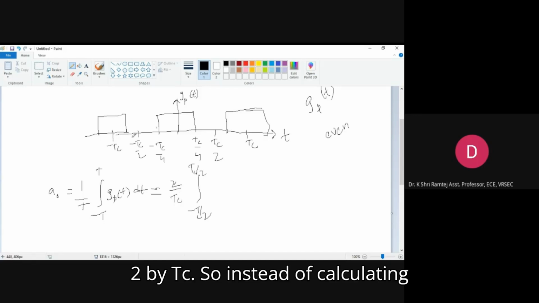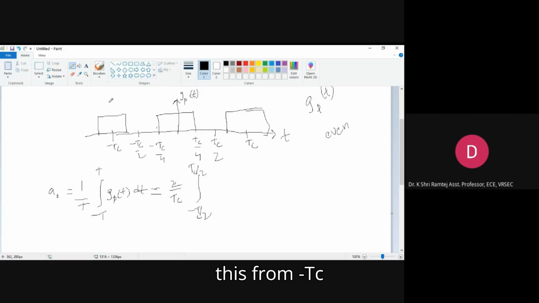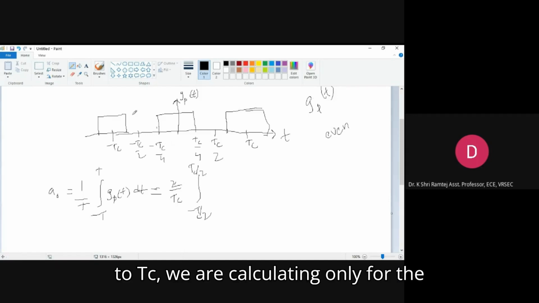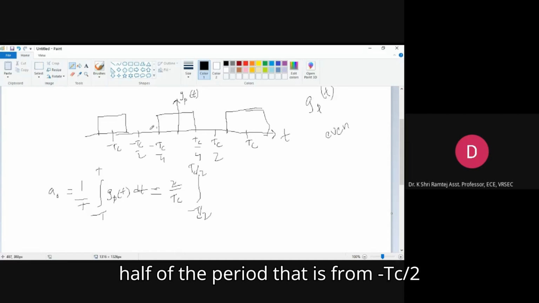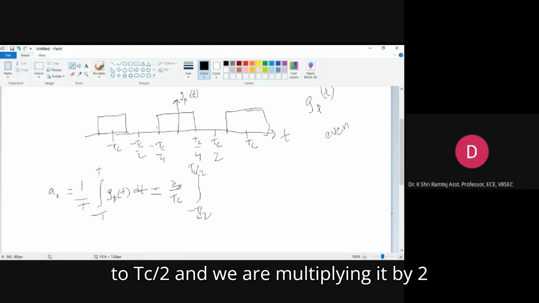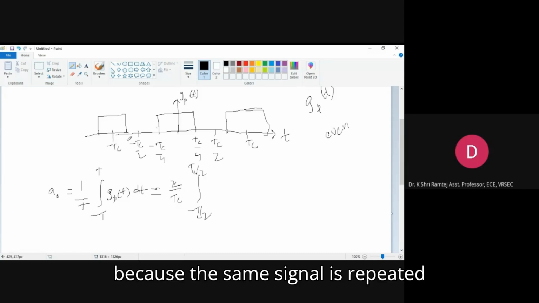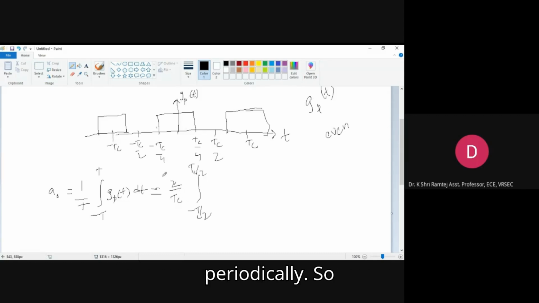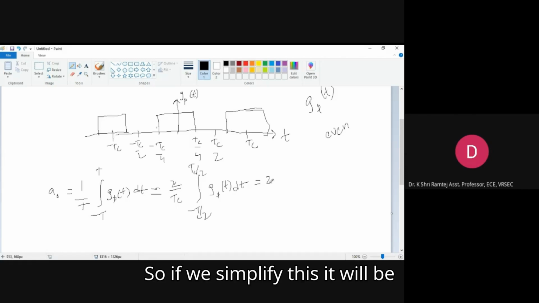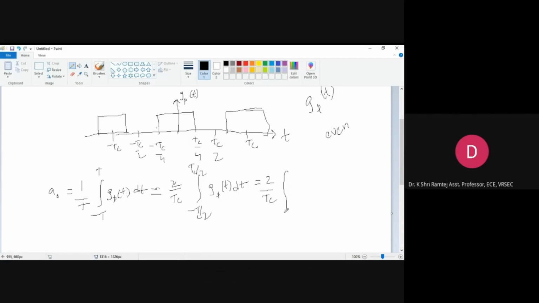Instead of calculating from minus Tc to Tc, we are calculating only for half of the period, from minus Tc by 2 to Tc by 2, and we are multiplying it by 2 because the same signal is repeated periodically. So a0 will be 2 by Tc integral from minus Tc by 2 to Tc by 2 of Gp of t dt.